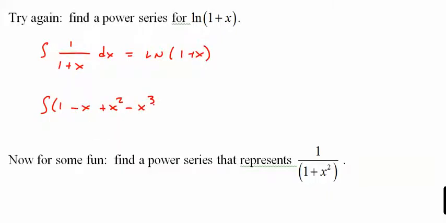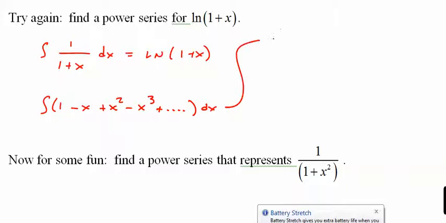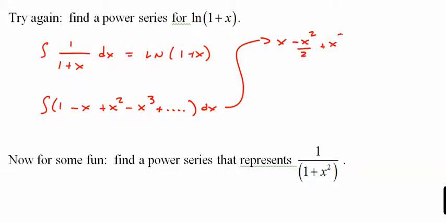I want to make sure I'm not totally screwing it up. Nope, not. Something bothering me. Nah, not a big deal. I should probably pull out all those sums I've had. So the integral of this, we go with x minus x squared over 2 plus x to the third over 3 minus x to the fourth over 4.